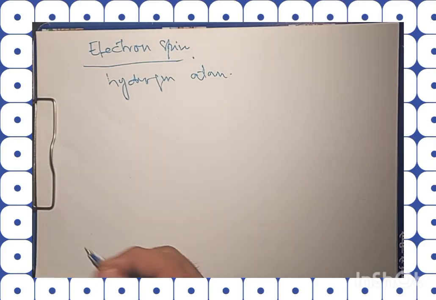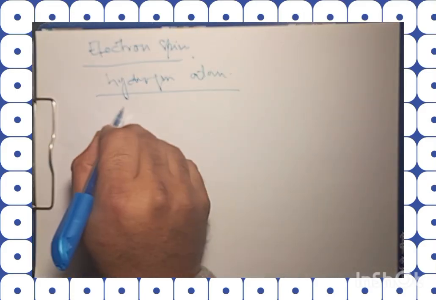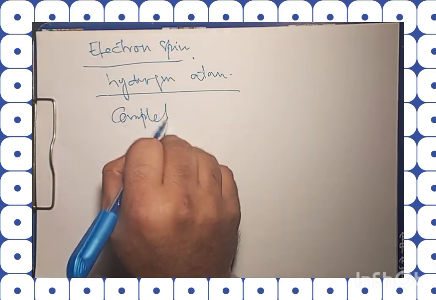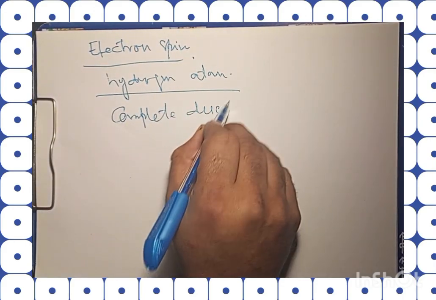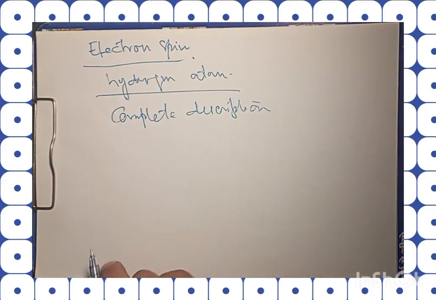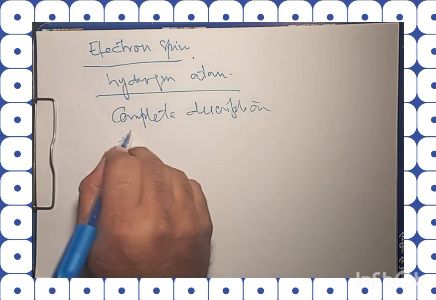But at the same time, it cannot give us a complete description of the atom or any other thing without taking into account the electron spin.